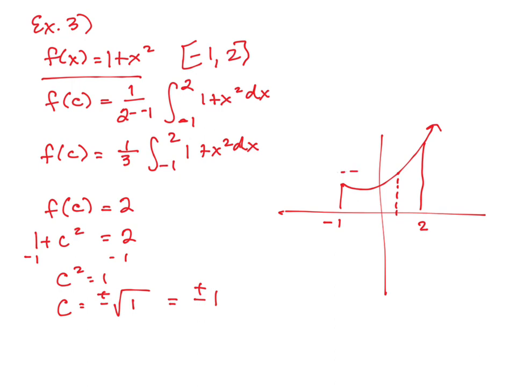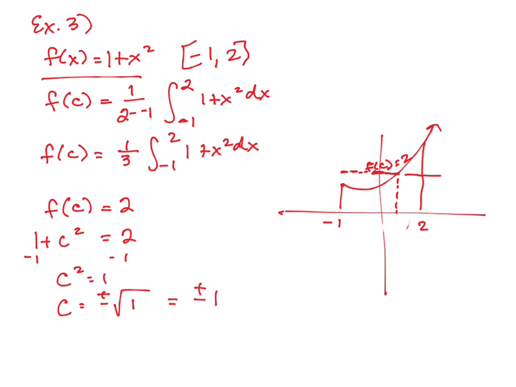But if we chopped off this function at x equals 1, we're at height 2. Do you see that? F of c is 2. I wish I would have put c down here at the bottom, not F of c.